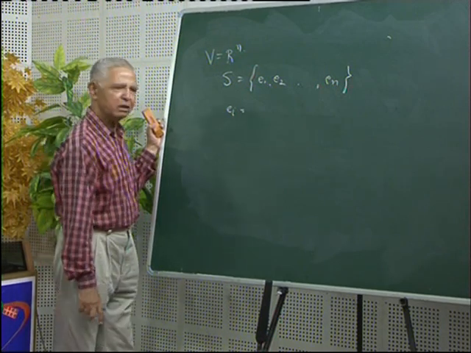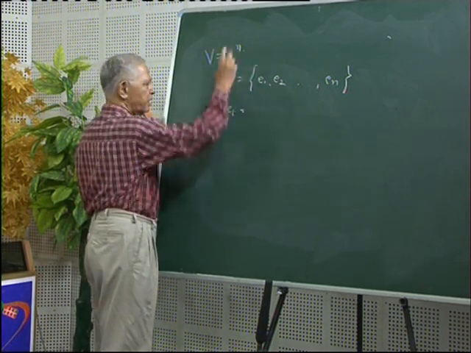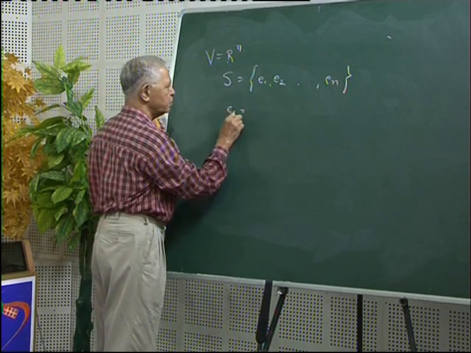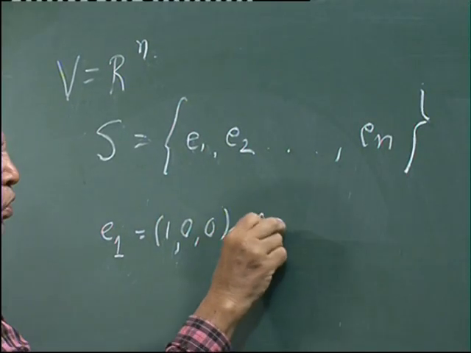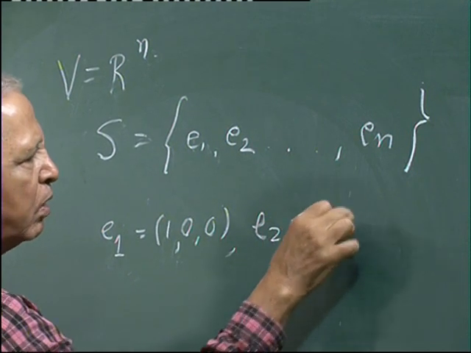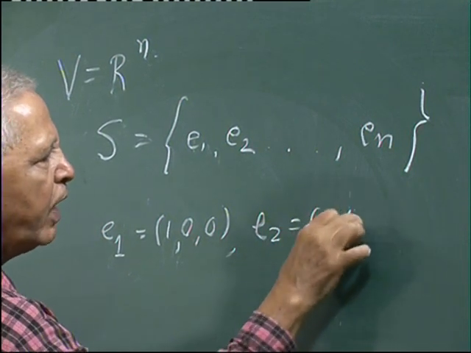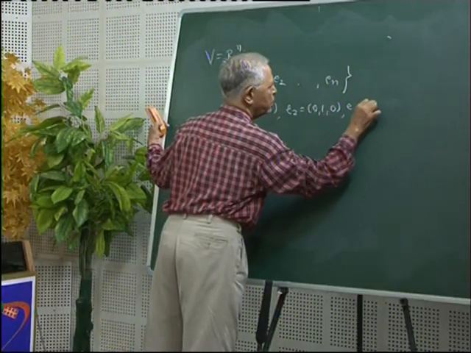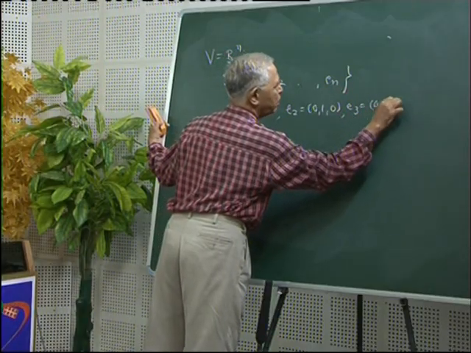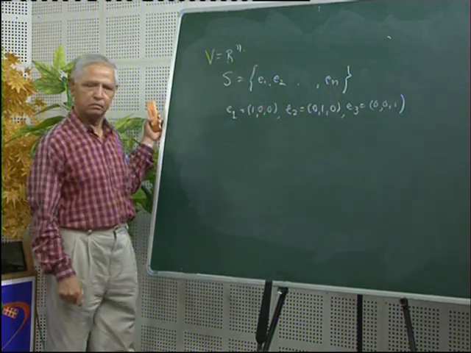For example, if you take n equal to 3, then e1 is equal to (1, 0, 0), e2 is equal to (0, 1, 0), and e3 is equal to (0, 0, 1).